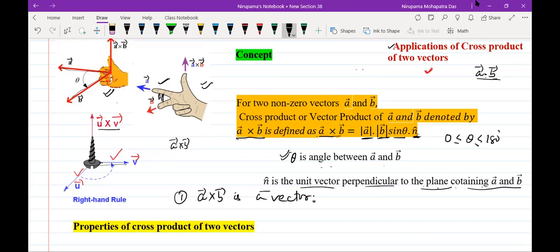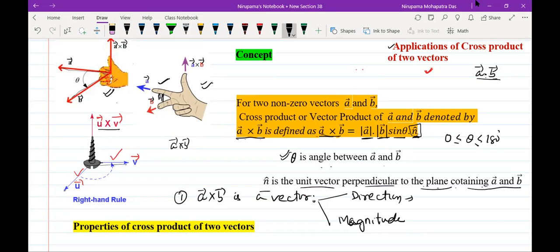Now when we say it is a vector, it will have direction and magnitude. Any vector will be associated with direction and magnitude. The direction is along n cap, because the presence of n cap gives A cross B its direction.